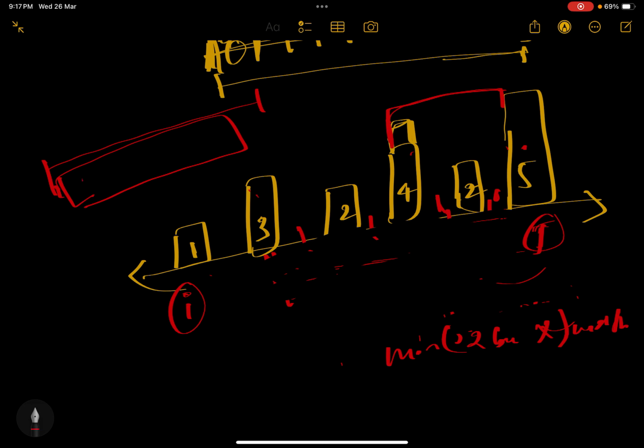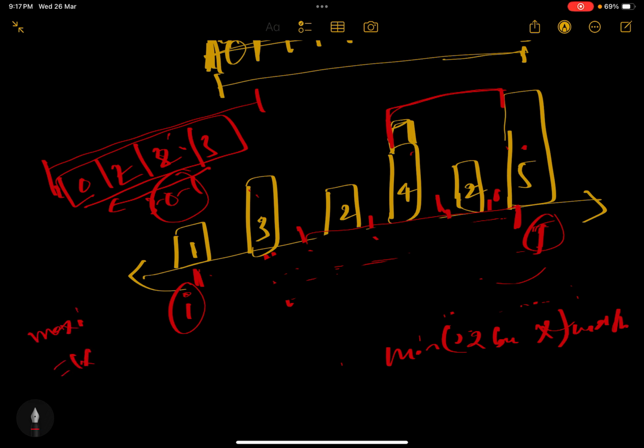So you can simply find the width: 0 1 2 3, so the width is 3 minus 0, that is 3, and 3 minus 1 is 2. Okay, so for these two buildings, this one and this one, what is the area? Area is 1 into width, which is 1 2 3 4 5, so 1 into 5. The maximum area I got is now 5.